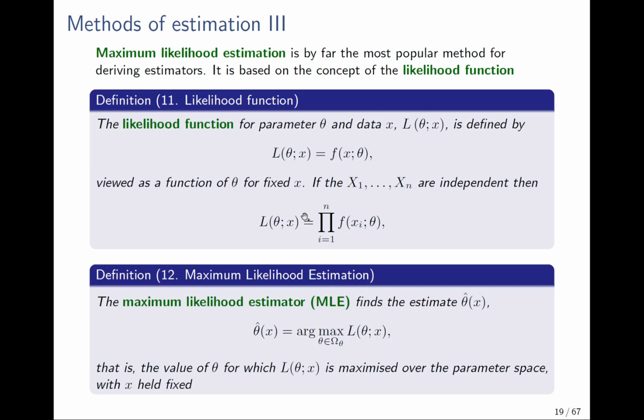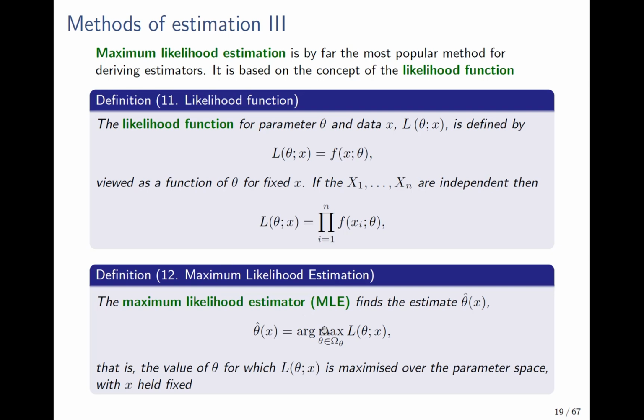Maximum likelihood estimation is very simple. The maximum likelihood estimator is going to find the estimate theta hat(x) for which the value of the likelihood function is maximized over the parameter space with x held fixed.